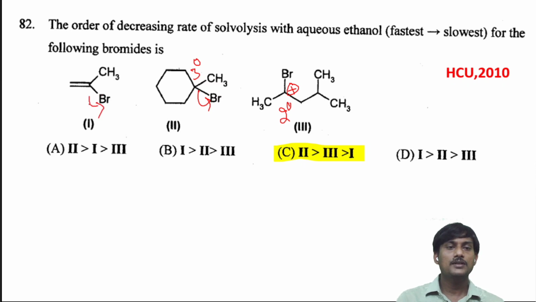Here, due to double bond character between C and CBr, it's very difficult to dissociate the bond between carbon and bromine. So this one is least reactive. So 1 is least reactive, the most reactive is 2, and the next one is 3. So this is the correct option.